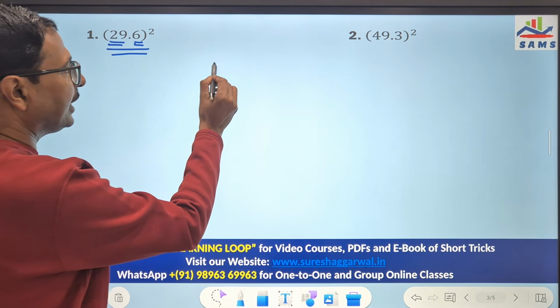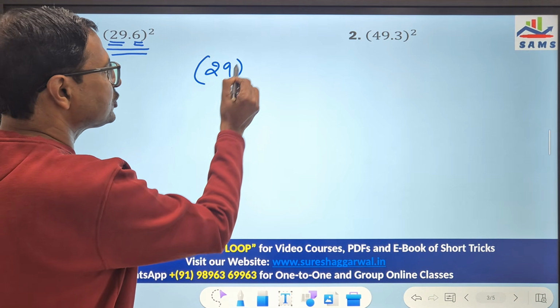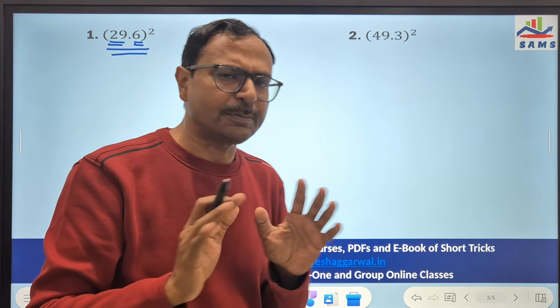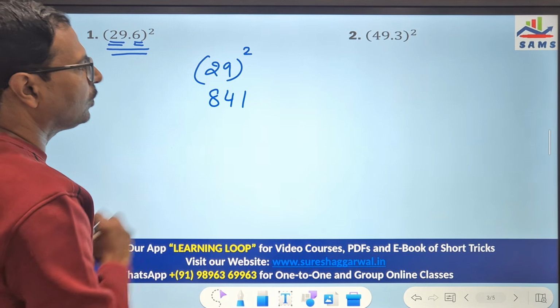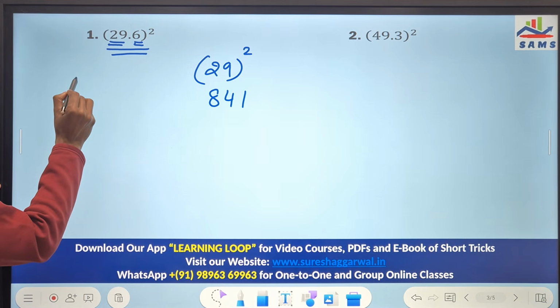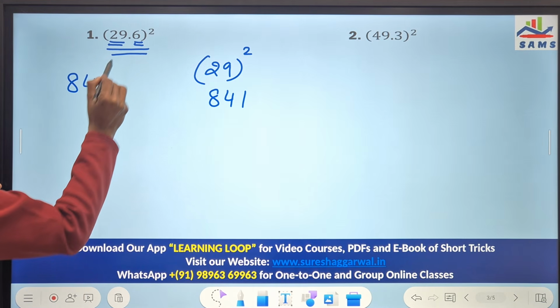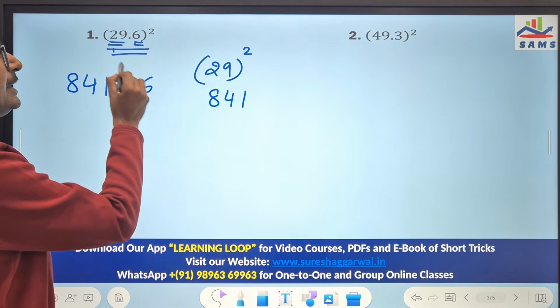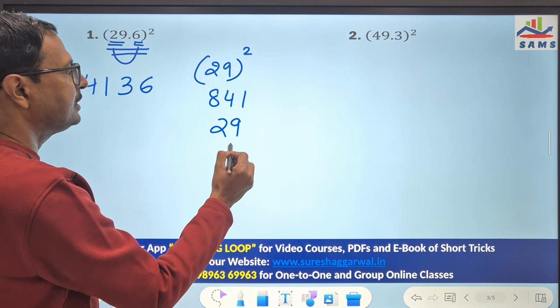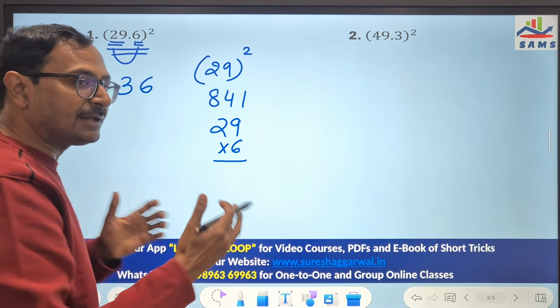So I will require 29 square. Unfortunately for me, I remember squares up to 30 at least. So 29 square is 841. So I will write 841 and then 6 square, 36. Now I should be really quick in multiplying 29 and 6 and then doubling the result.